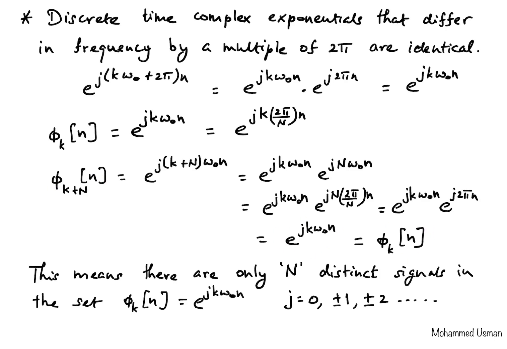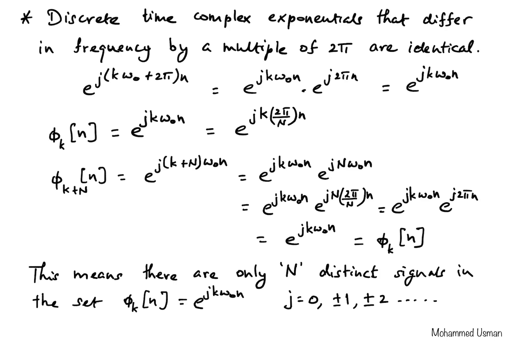What this means is that even though in our set of phi k of n, the value of k can have infinite possible integers, which is 0, plus or minus 1, plus or minus 2, plus or minus 3, and so on till infinity, and minus infinity on the other side. However, among this entire set, there are only n distinct signals.